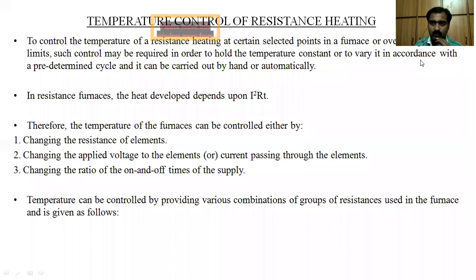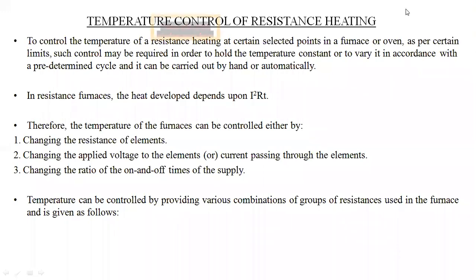For each and every process of resistance heating, whether direct, indirect, or radiant heating, in radiant heating the furnace is nothing but the surface of the area which you want to heat. So for each and every heating method, we are going to consider a furnace. The furnace temperature is going to be controlled by these methods.